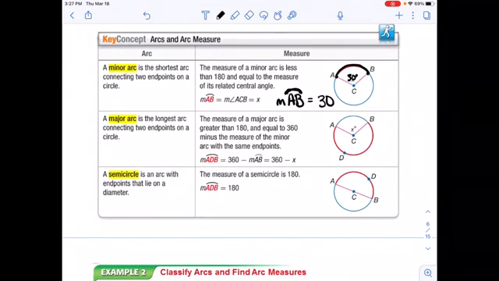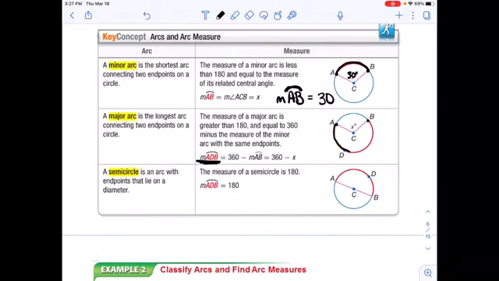A major arc is the longest arc connecting two endpoints on the circle. Notice how it is named: the measure of arc ADB. You have to have a third letter in there to make sure we know we take the long way around. The measure of a major arc is greater than 180.